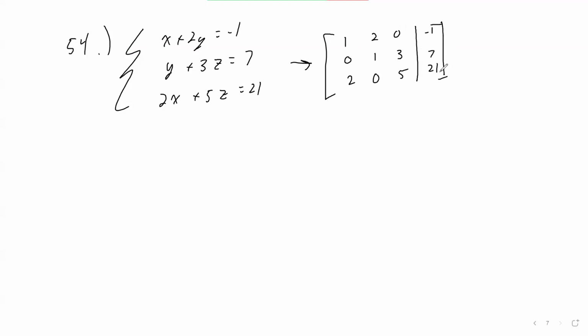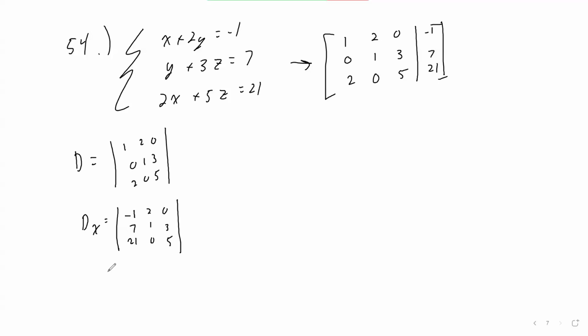All right, so in this situation, when looking for your D, Dx, Dy, and Dz, when I'm looking for D, the best way to do this is just find my determinant of 1, 2, 0, 0, 1, 3, 2, 0, 5. Dx, I'm going to replace column 1 with what it's equal to, so negative 1, 7, 21, 2, 1, 0, 0, 3, 5.